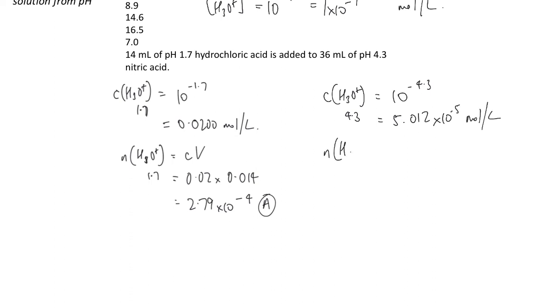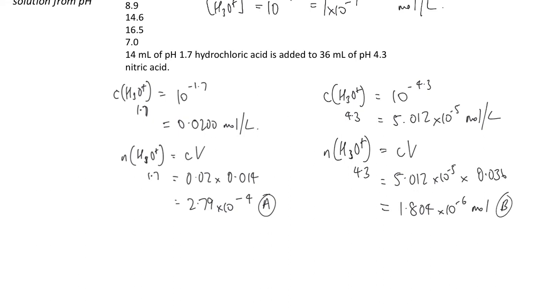Okay, now I can work out the number of moles of H3O plus from that 4.3 solution, right, which will be equal to CV, which will be equal to 5.012 times 10 to the negative 5 times the volume, which will be 0.036, which will be equal to 1.804 times 10 to the negative 6, which will be moles, and I will save that as B.